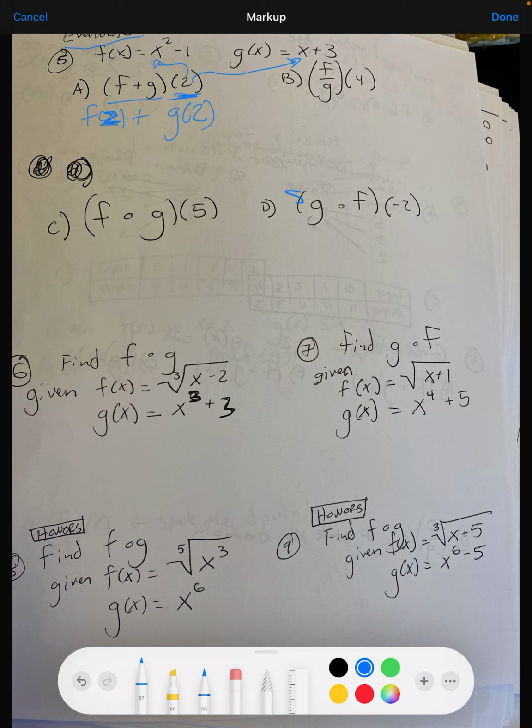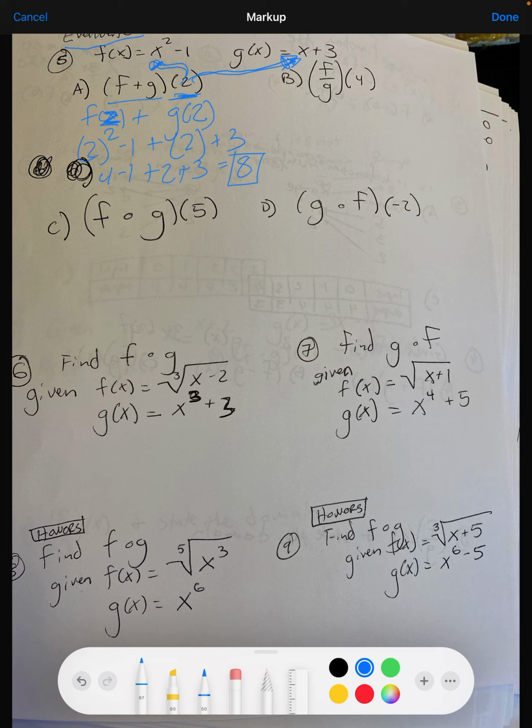So f of 2 is going to be 2 into my x squared minus 1, plus my g, so 2 is going to go into my x, always in parentheses, plus 3. 2 squared gives me 4 minus 1, plus 2 plus 3. And if we add those together, we're going to get 5 plus 4, that's 9, minus 1 is 8.